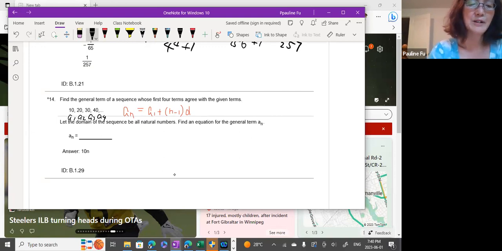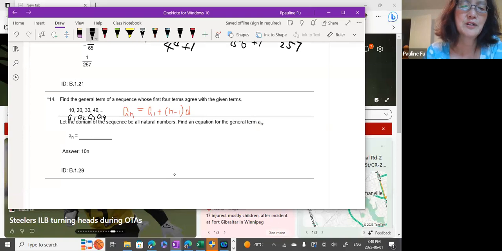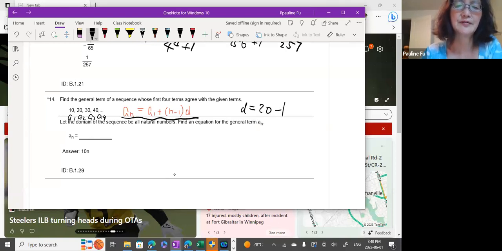There are many ways to do it. One way, based on this formula, AN is the general term. AN equals A1 plus N minus 1 D. What is D? D is the difference between the second term and first term. The second term is 20, the first term is 10. So D is 10. And what is A1? A1 is given, it is 10.